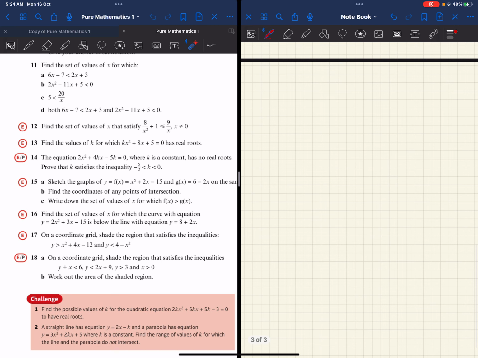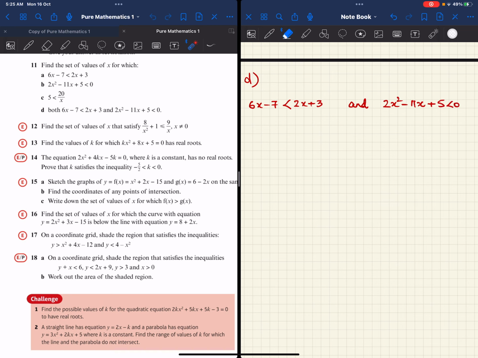Moving on to question part D, we have two inequalities here. So one is 6x minus 7 is less than 2x plus 3, and 2x squared minus 11x plus 5 is less than 0.